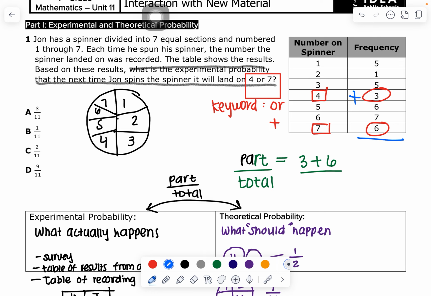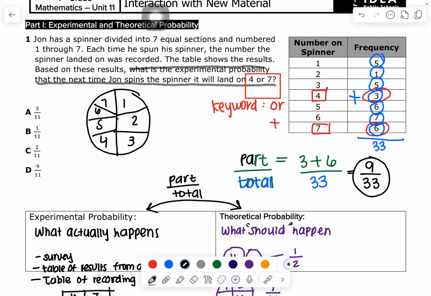So 5 plus 1 is 6, plus 5 is 11, plus 3 is 14, plus 6 is 20, plus 7 is 27, and plus 6 is 33. And that is my total. Now 3 plus 6 is 9 over 33.